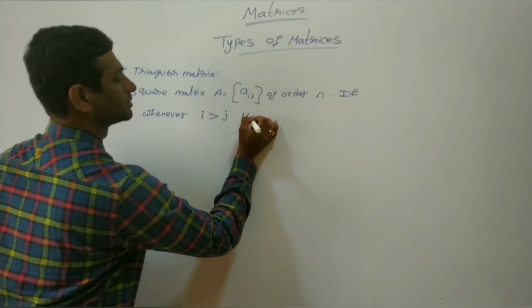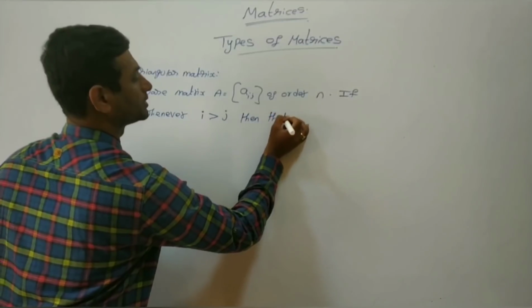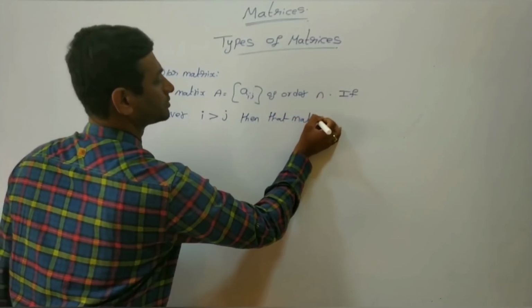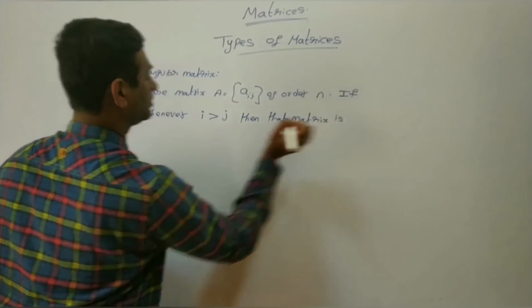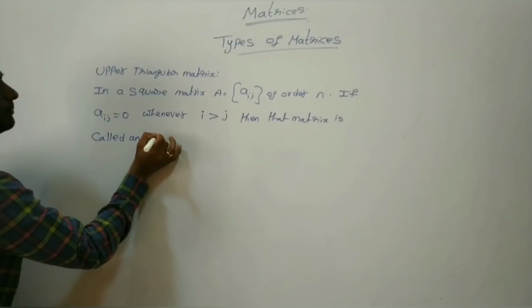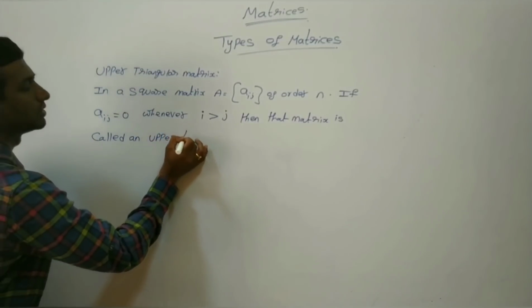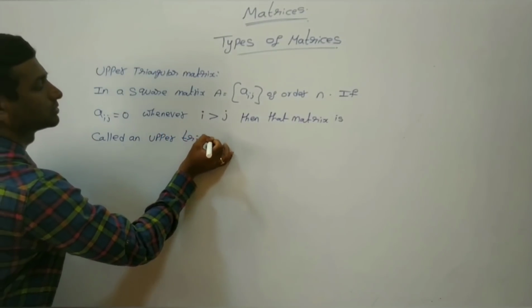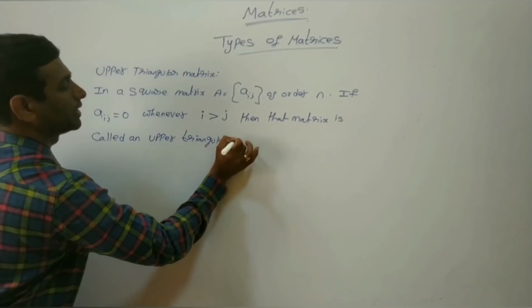Then that matrix is called an upper triangular matrix.